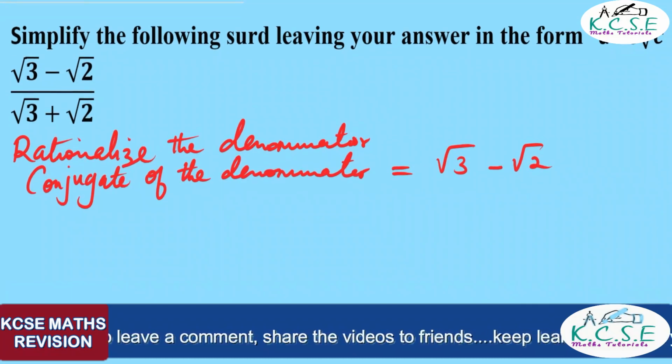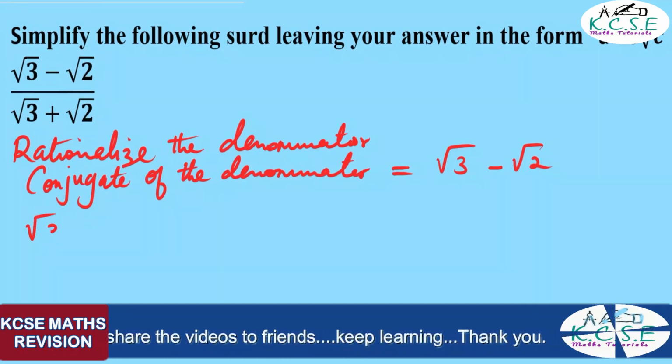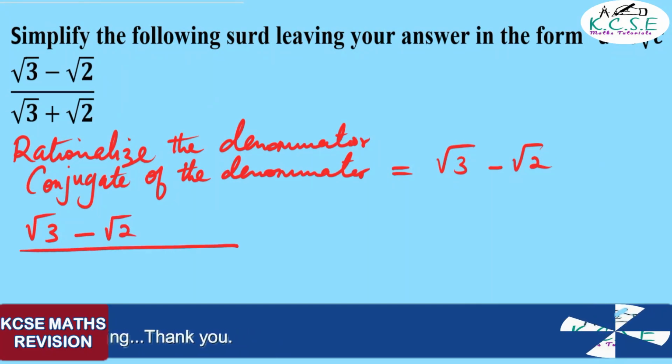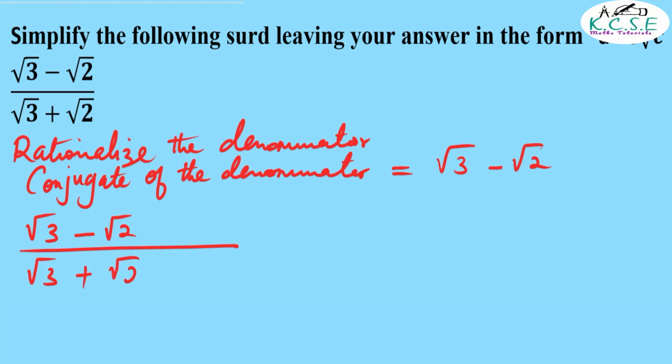So let's get started. Root 3 minus root 2, everything divided by root 3 plus root 2. We multiply both the numerator and the denominator by this conjugate, which is root 3 minus root 2. The numerator stays the same, root 3 minus root 2.